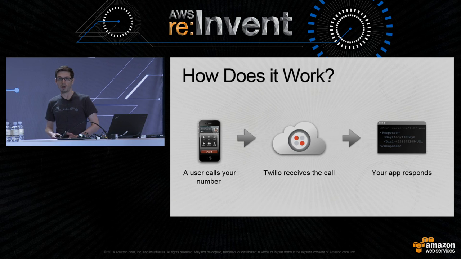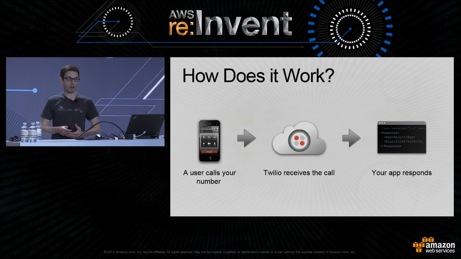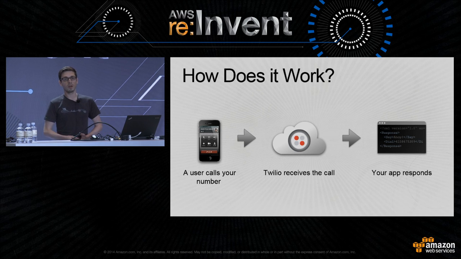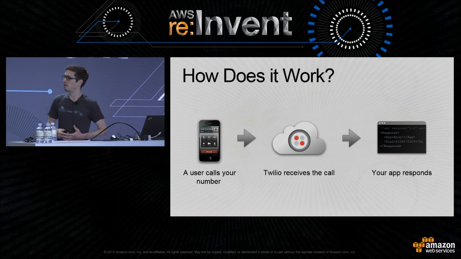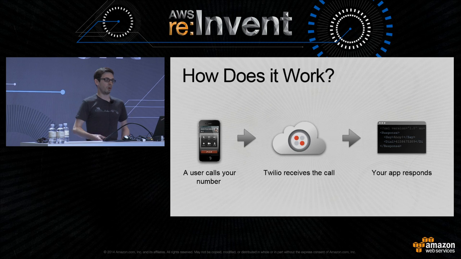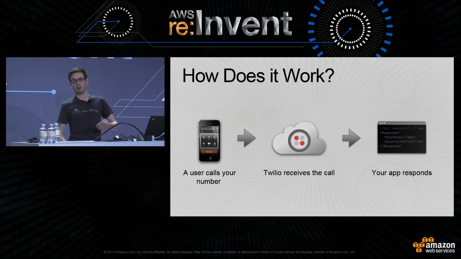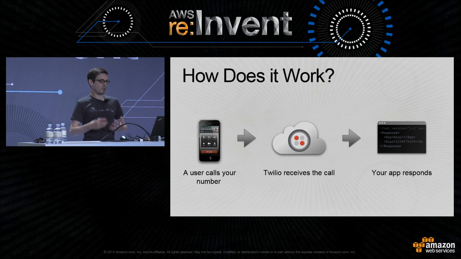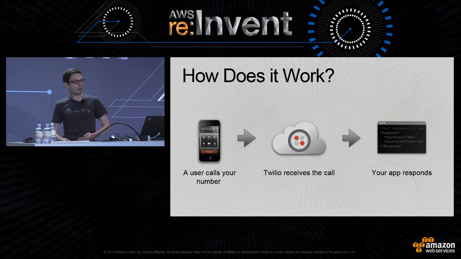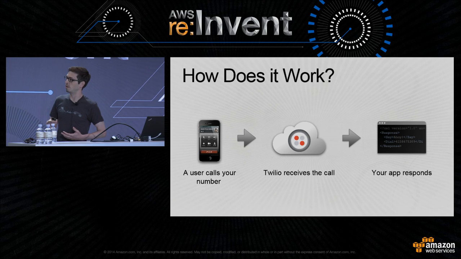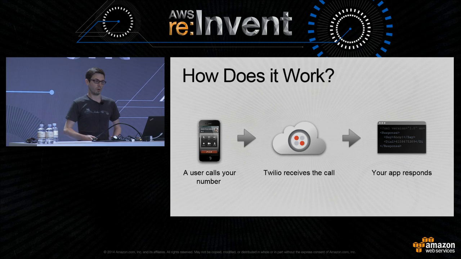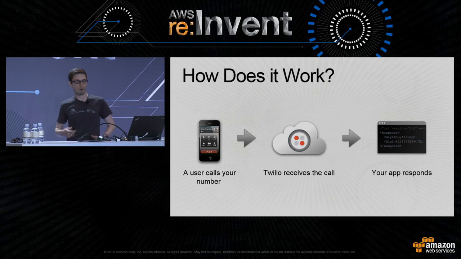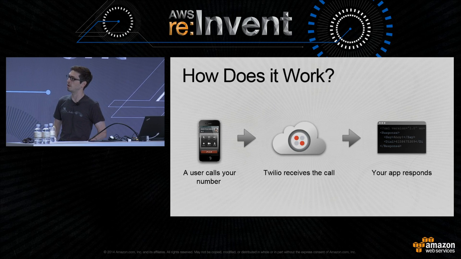And when a call is made to that phone number from another phone or some other client device, Twilio receives that call, and we turn that into an HTTP request that we send to the URL that's configured on that number. We take the response from your application server and process the instructions that it provides. So for example, your application might return XML that plays a message and then forwards that phone call to another number.